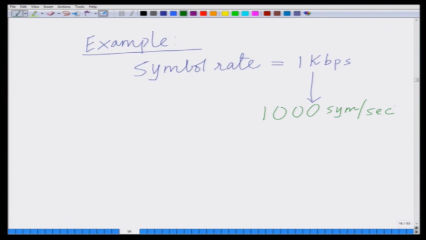So, we are transmitting 1000 symbols every second. The rate is 1 kilo symbols per second. If we are transmitting 1 bit per every symbol, then it will be 1 kilobits per second.